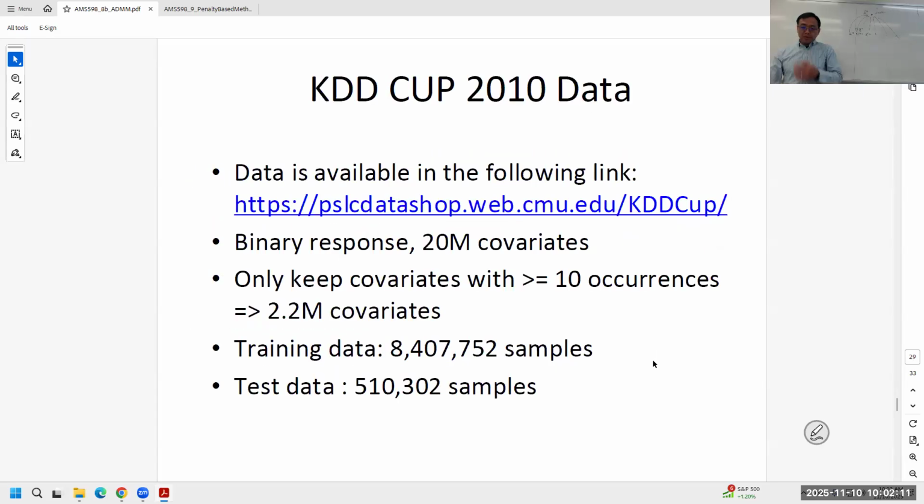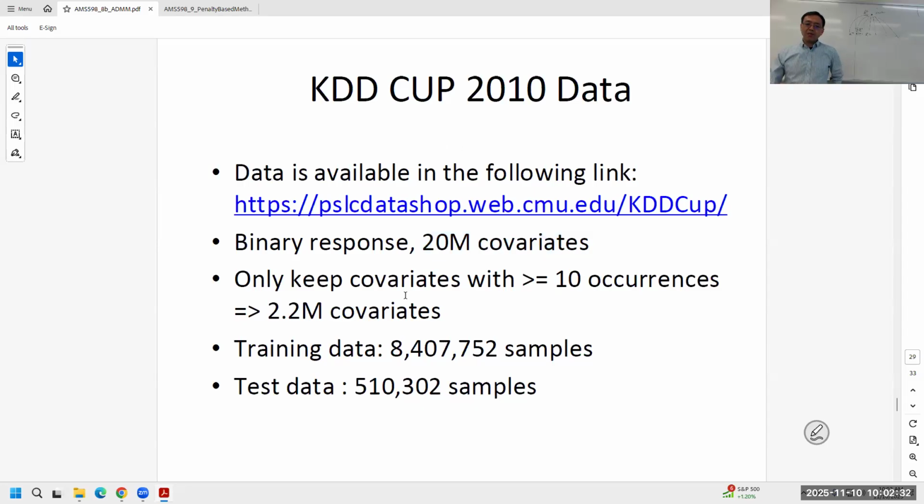So this is some real data. This is KDD Cup 2020 data. The data contains a binary response and has about 20 million covariates. That means the feature dimension of x is 20 million.